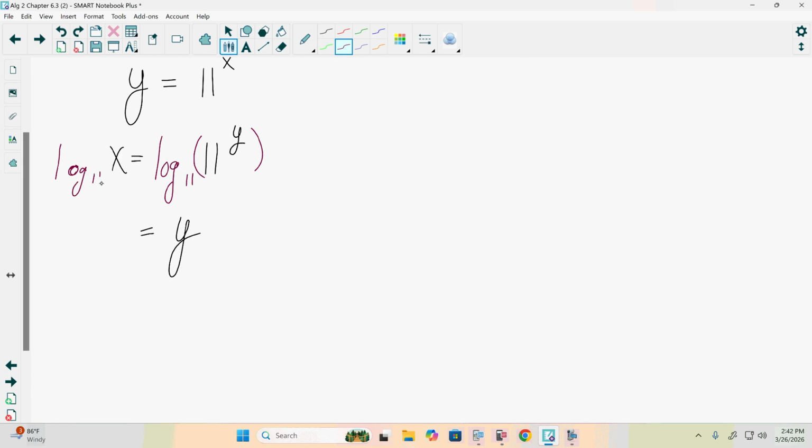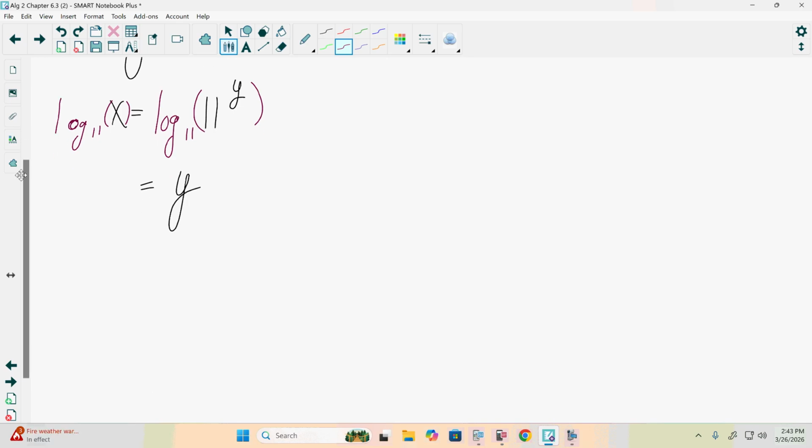So I also have to apply log base 11 to the left-hand side. But it doesn't simplify. It is still just log base 11 of x. We did just this; we did do the switch. So this is what we've really been doing.